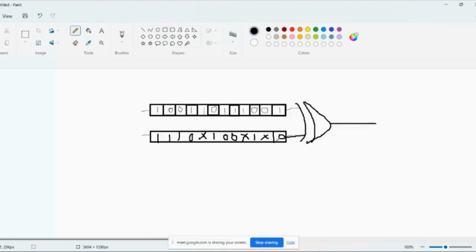Now when you have this kind of environment, 1 0 XOR, what happens? 1. Okay, first value, output value is 1.